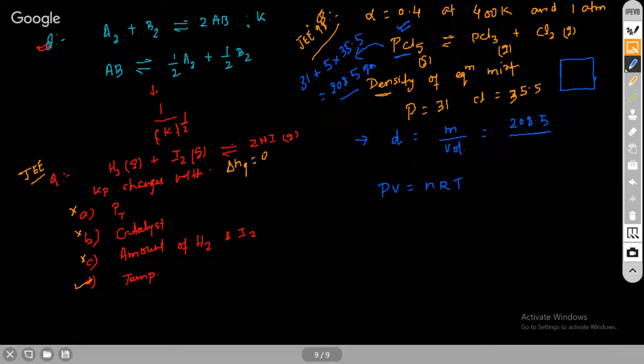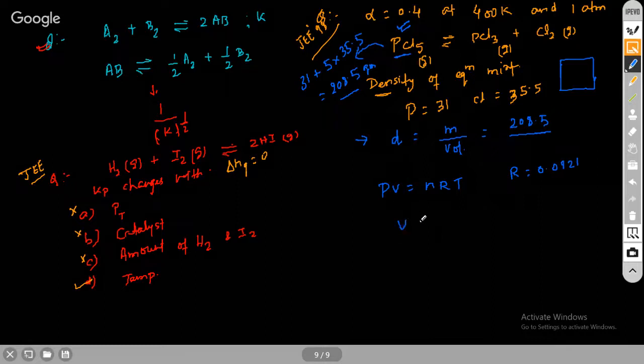The pressure is given as 1 atmosphere, temperature is 400 Kelvin, and R value we will take as 0.0821. So volume we can find out from here.